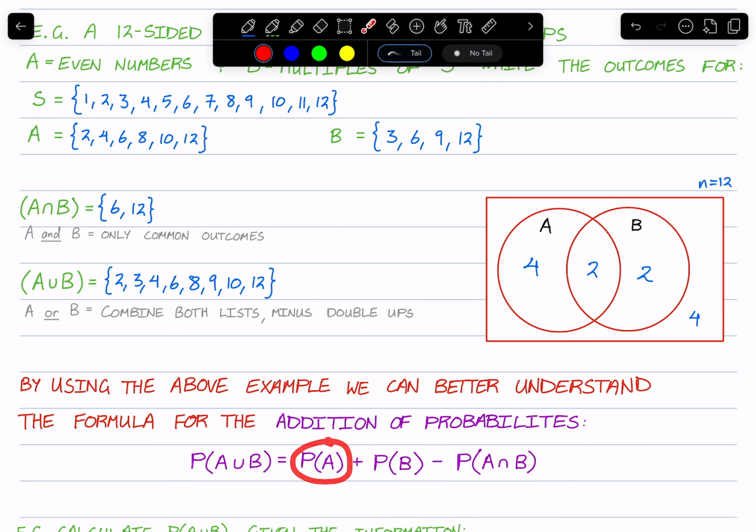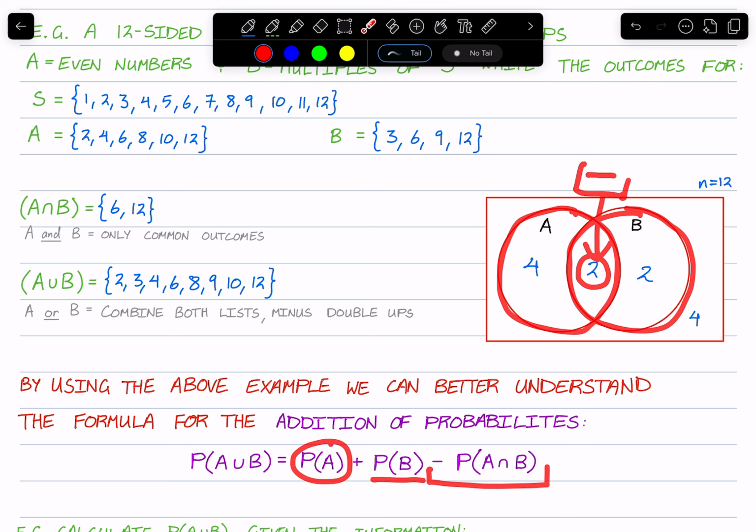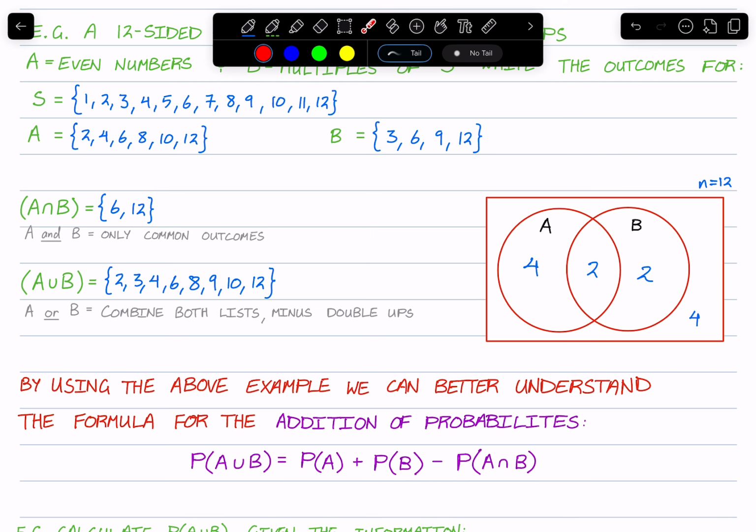The probability of A means we're going to add everything in A. The probability of B means we're going to add everything in B. But notice we have counted this 2 twice, so we're going to subtract that, since we've already counted it in A.